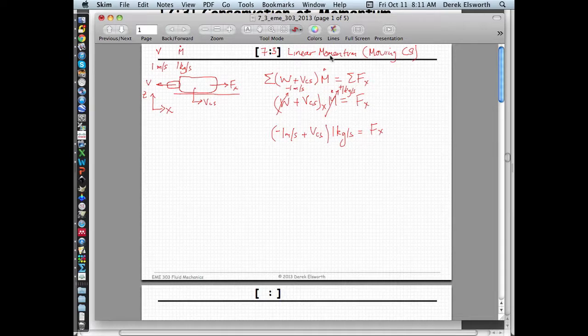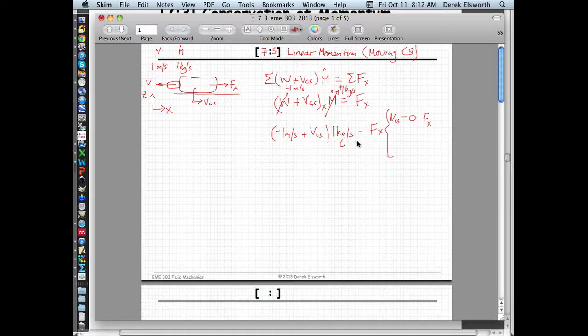So those two modalities that you can apply to this: if you hold it, then the velocity of the control surface is equal to 0. If the velocity of the control surface is equal to 0, then the force in the x direction, by definition, has to be the product of 1 times 1, so 1 kilogram meter per second squared.